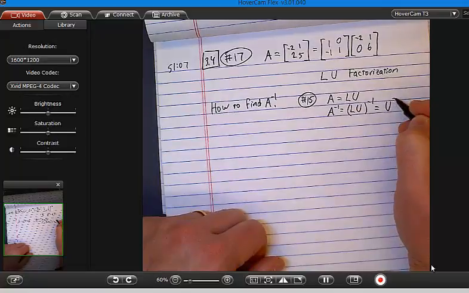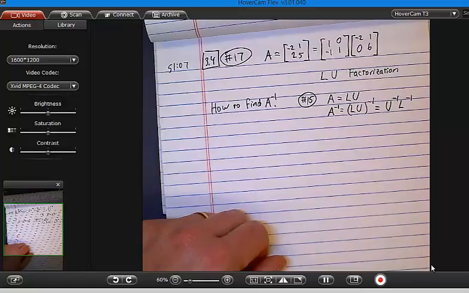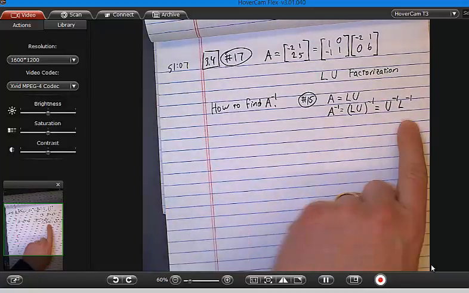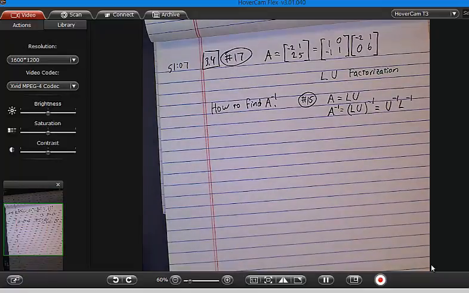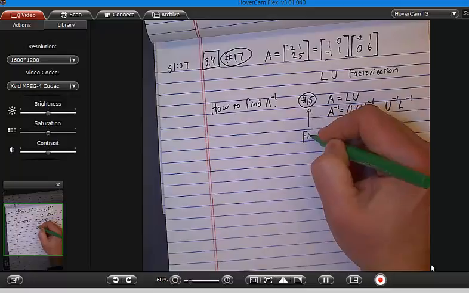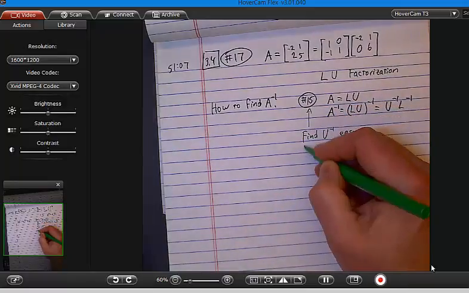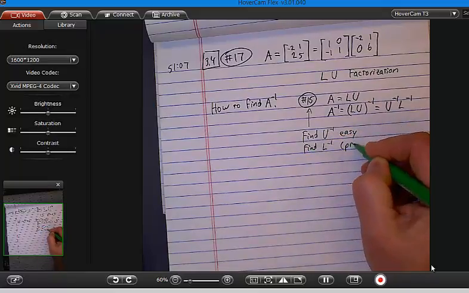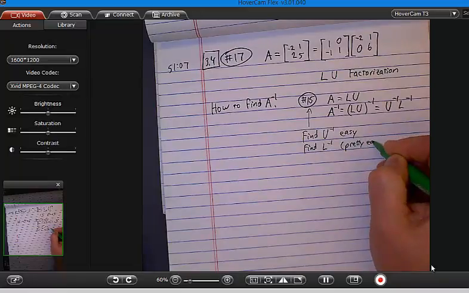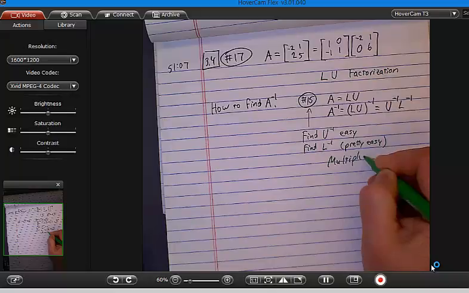There's the shoes and socks rule that you guys proved last time we were here. Remember that? So you guys are comfortable with that? So basically, the idea of number 15 is find U inverse, which is easy. Find L inverse, which is pretty easy. And then multiply. That's the idea of number 15.